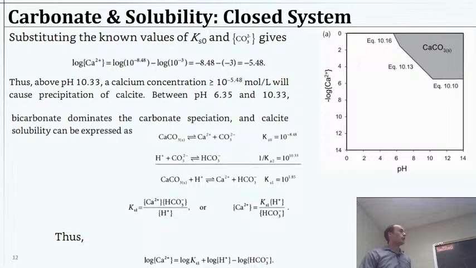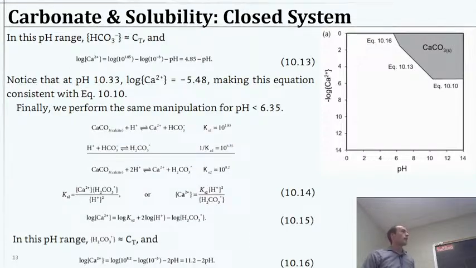Now, once we get below pH 6.35, then it's dropping off very strongly because we have a 2 times pH dependence. That H plus squared shows up, and when we take the log of that, that's 2 times pH. And so in that little segment, we are finally dropping off very quickly.